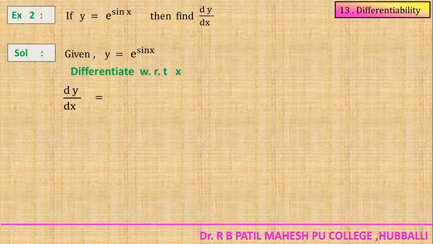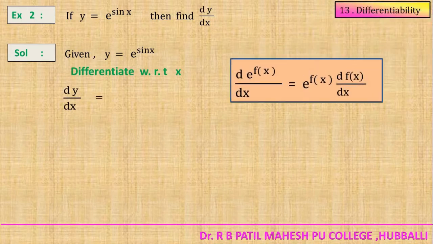For this function, again I follow the same rule. The derivative of e raised to f of x is e raised to f of x, and d by dx of f of x. So you write the same function, and then the derivative of the composite variable, the sin x function. Keep this rule in mind: same function and derivative of the composite.